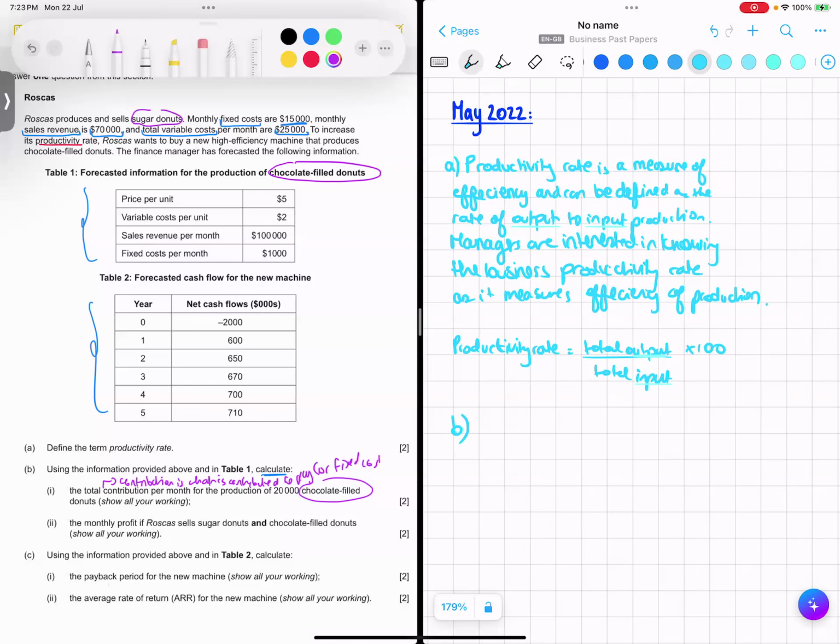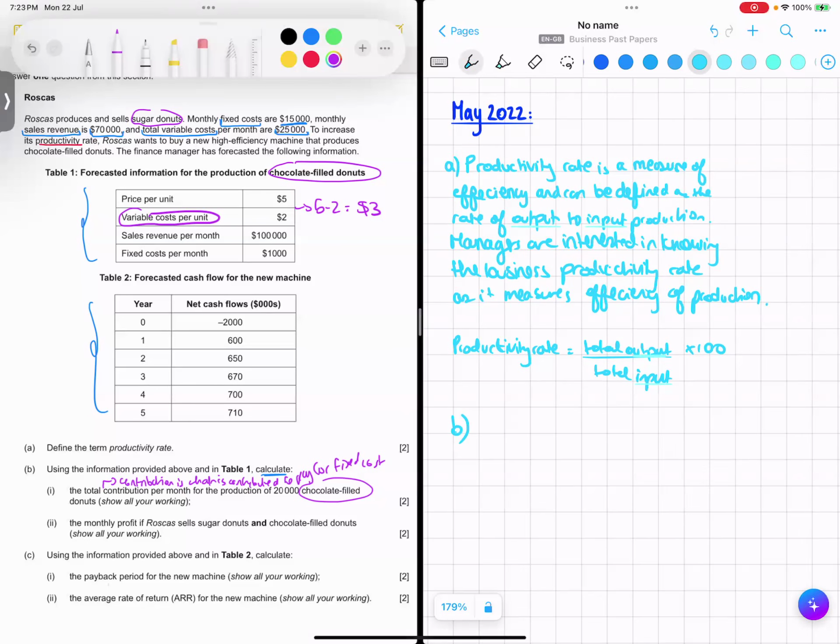The contribution per unit for the chocolate-filled donut is 5 minus 2, which is $3 in this case, because it's the price minus the variable cost per unit. What is the variable cost? The variable cost is what the business, in this case Rosgas, pays to produce the donut. And $5 is the price, what it sells it for.